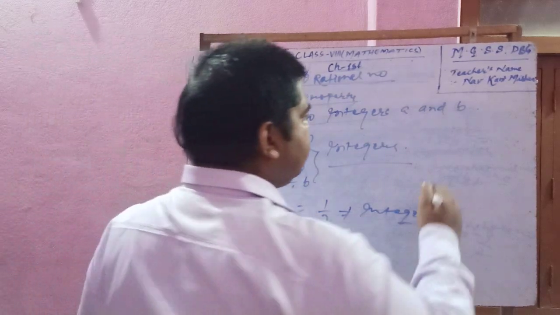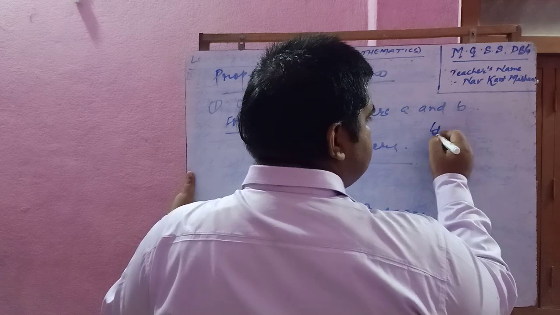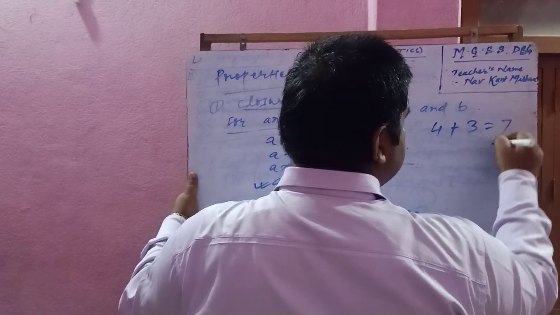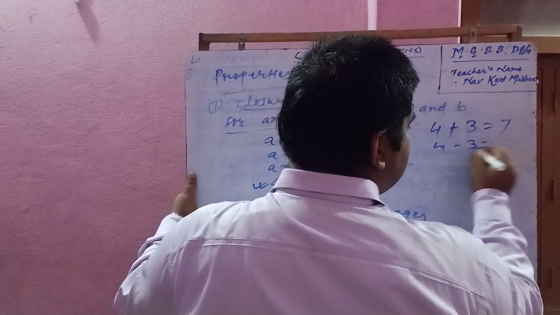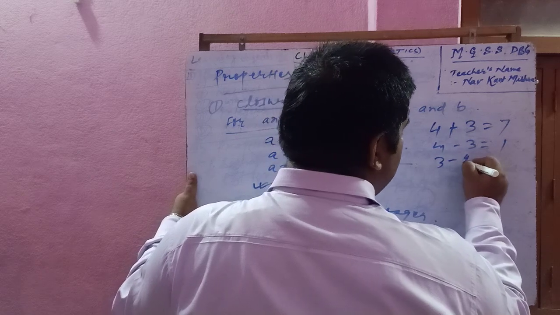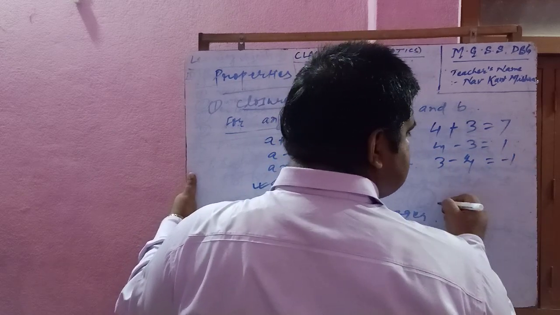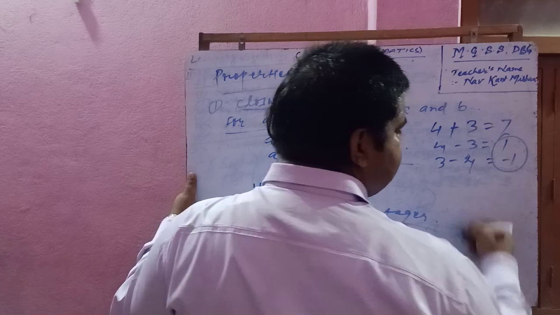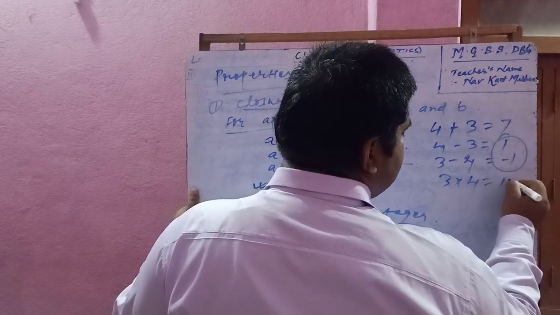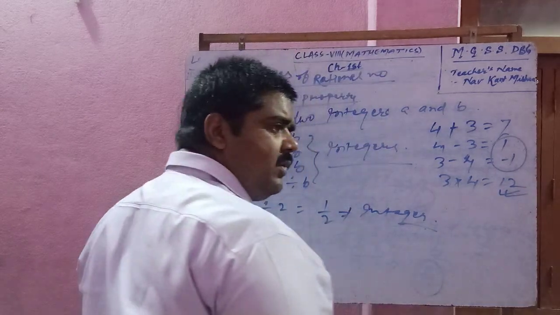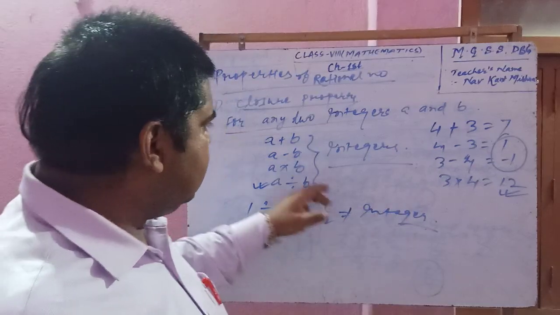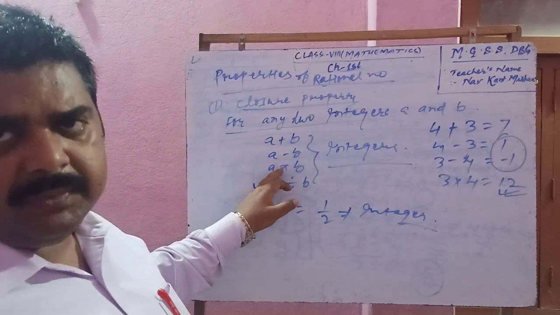For example, 4 plus 3 is 7. 4 minus 3 is 1, or 3 minus 4 is equal to minus 1, and both 1 and minus 1 are integers. If you multiply 3 into 4, that is 12, which is also an integer. So integers are closed for addition, subtraction and multiplication.